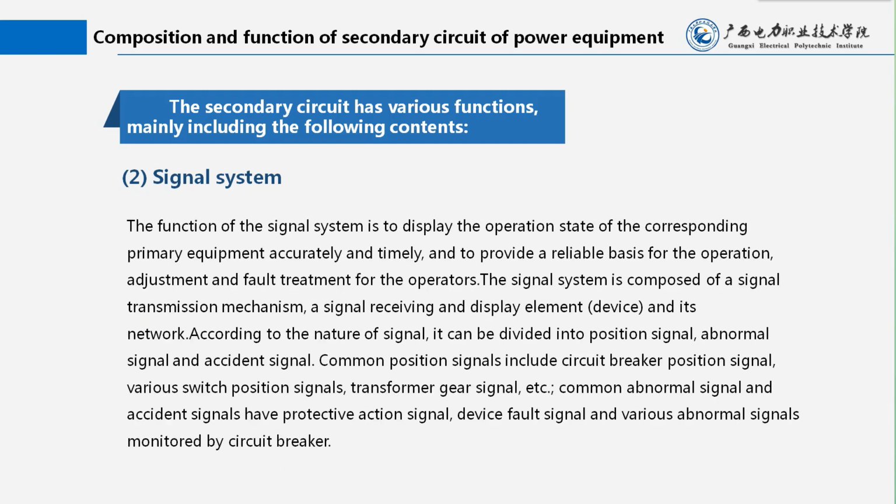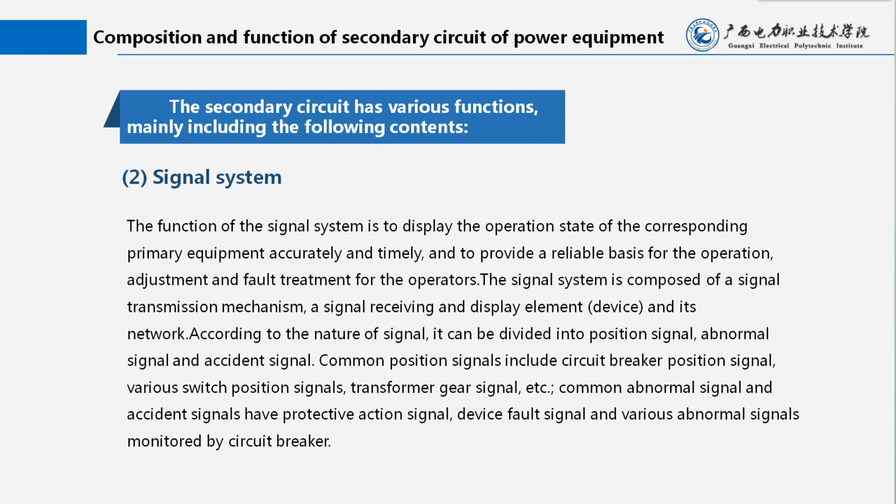2. Signal system. The function of the signal system is to display the operation state of the corresponding primary equipment accurately and timely, and to provide a reliable basis for the operation, adjustment and fault treatment for the operators. The signal system is composed of a signal transmission mechanism, a signal receiving and display element, device, and its network.